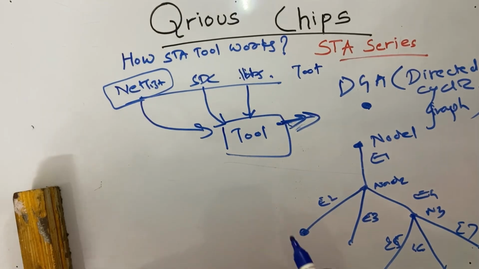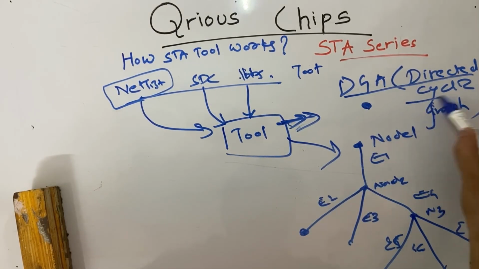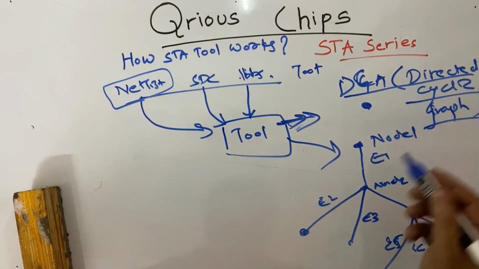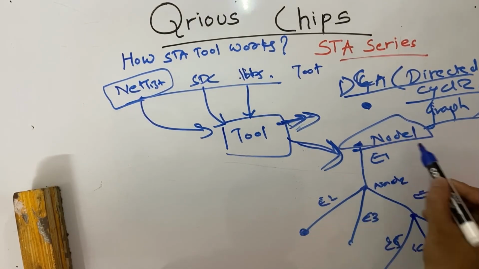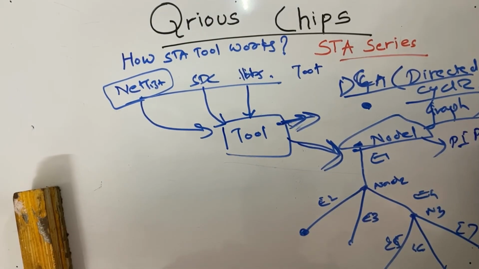So what the tool does is divide the design into a directed cyclic graph. So what do the nodes have? As we discussed previously, they would have primary inputs, primary outputs, flip-flops, pins, etc. And what do the edges have? Edges would have the combinational path, clock path.